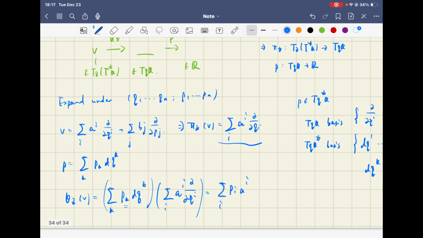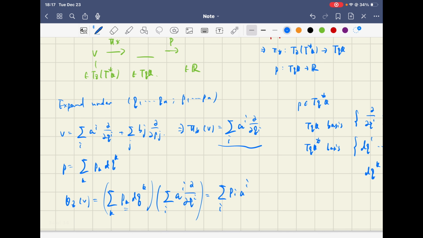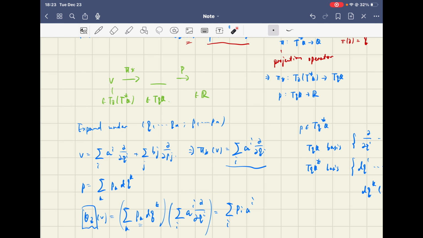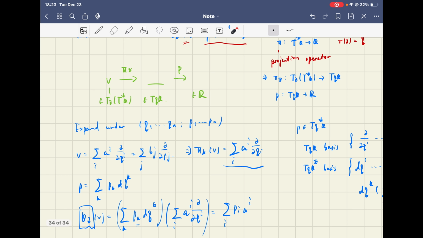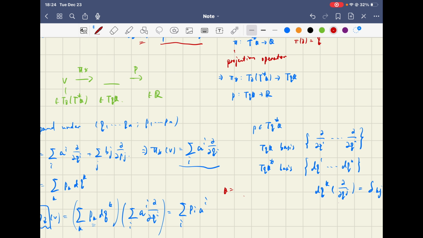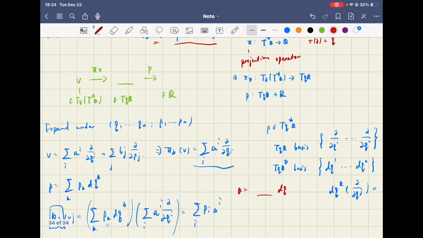Okay, and now we try to guess what the expression for theta is. In my opinion, the expression for theta is kind of easy to guess, because all we have to do is simply throw out the coefficient of b here. That is equivalent to saying that the expression for theta must contain something with dq. Because q is independent of p, dq and p would result in a 0, but at the same time we are keeping the q here.